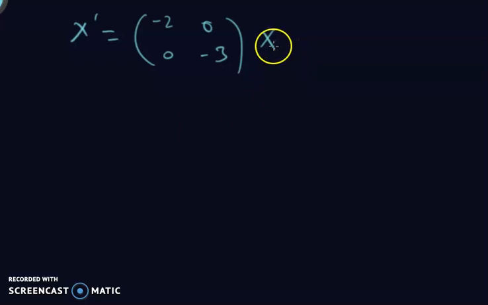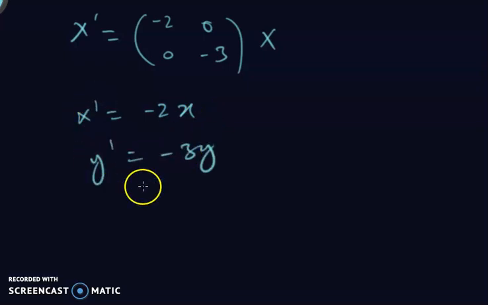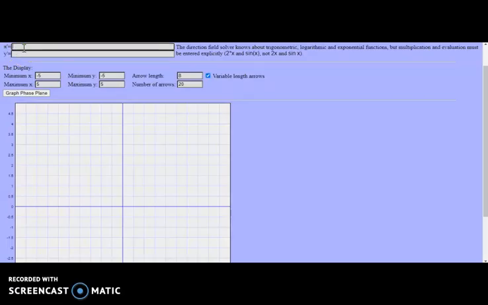We can consider one example. For example, I can consider x prime to be, let's say, the matrix minus 2 0, 0 minus 3 times x bar. Let's plot this on the phase portrait plotter. So this is x prime, this is y prime: minus 2 times x, and then minus 3 times y. The eigenvalue corresponding to x should be less than that of y, so let me put it as 5.